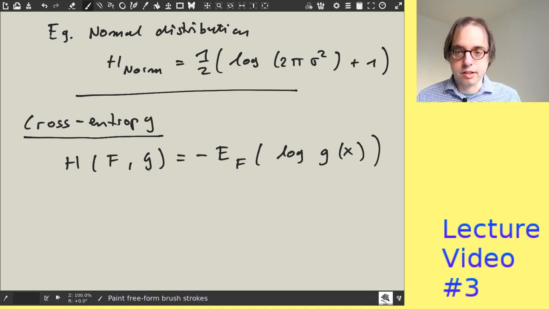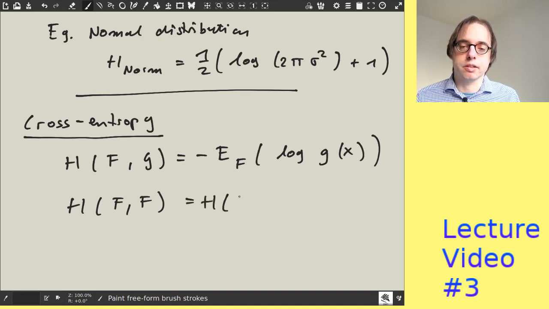It's not symmetric because they have different functions here. And of course, if we use the same distribution, then this becomes just the normal entropy.